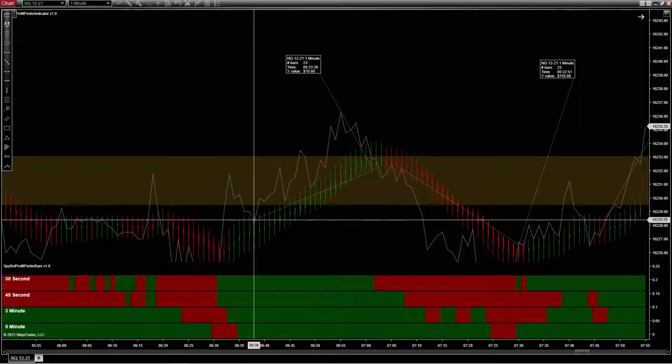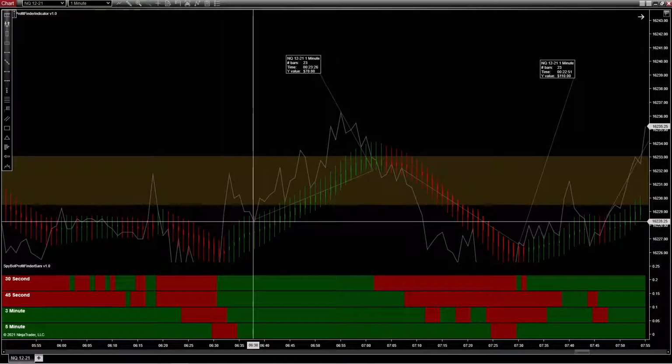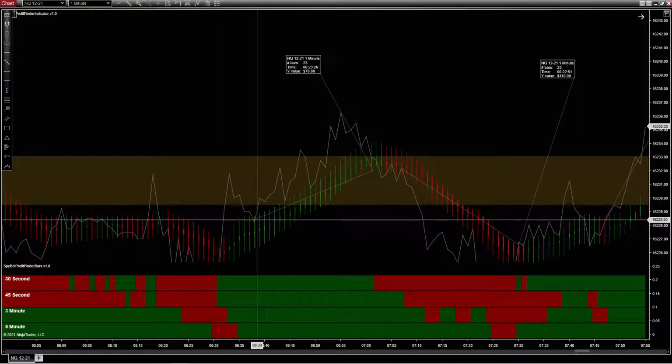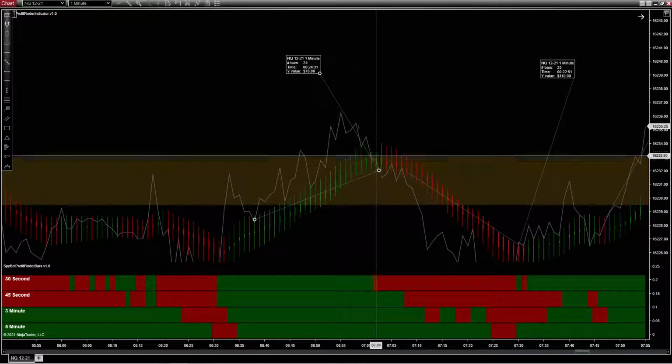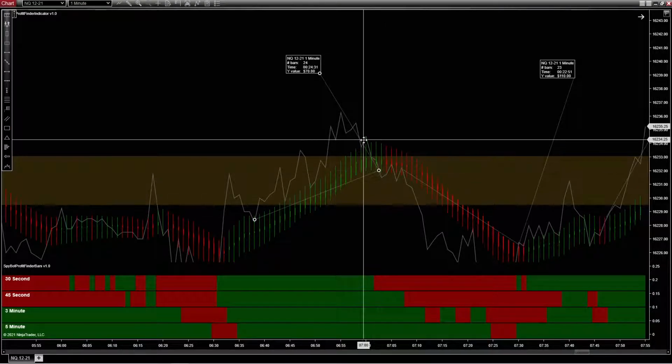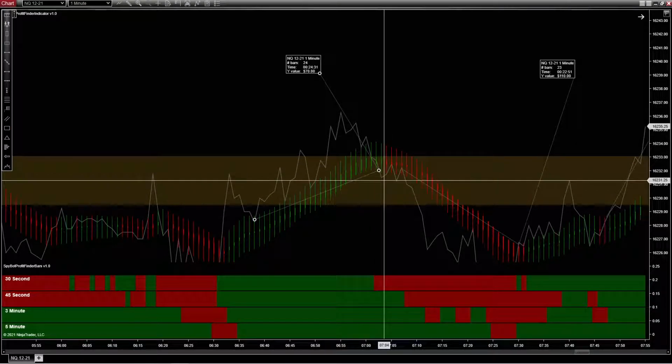Our entry was when the price comes back to the indicator, and then we hold it until it's at the bottom of the indicator. So that would actually be right over here instead. Still the same money, but it would have been right there. So when the price comes through, you get out.